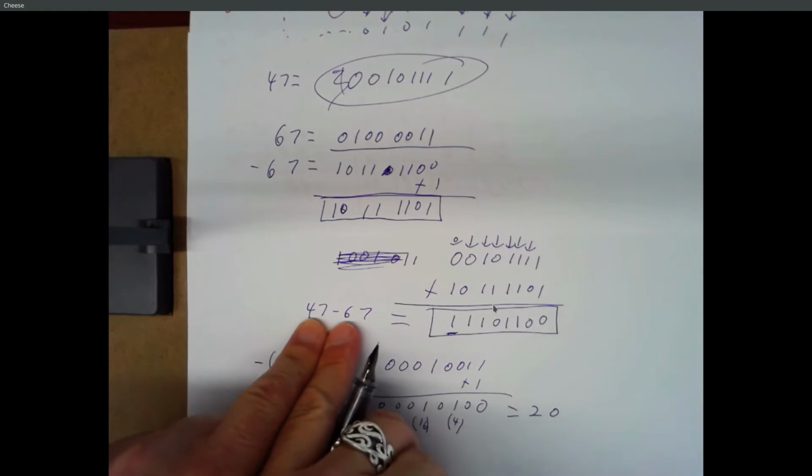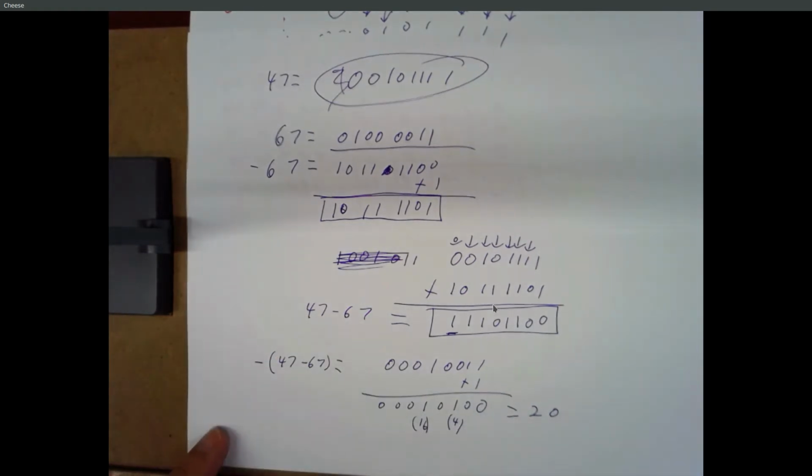So the negative of your answer is equal to 20, which means your original number is equal to negative 20. And then you can observe that that's also what 47 minus 67 is, right? So your answer checks out.